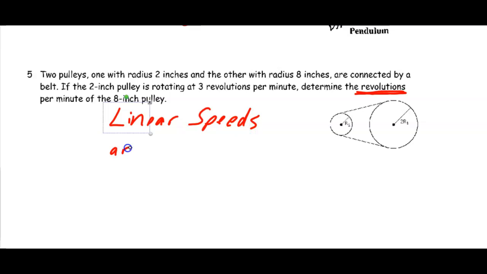So the linear speeds are equal. If you set that up as the linear speeds being equal to each other, then you'll be able to solve for the number of revolutions here. So whenever you set your formula up, just call it X for your number of revolutions and then solve for X. So I hope that helps.